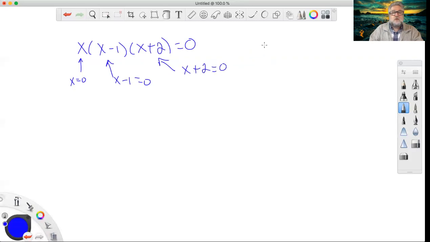Well, x equals 0, I got that one. If I solve for x here, x is equal to 1. So there's another solution. Then I solve for x here, x is equal to minus 2. There's another solution. So there's 3 solutions to this. Each one of those 3 x's will turn one of these factors into 0 and turn the whole equation to 0. So this is how we solve something that is factored like this, okay?